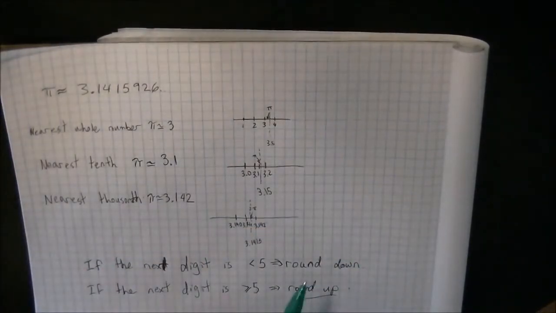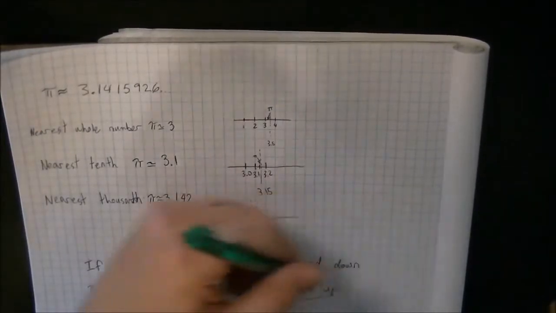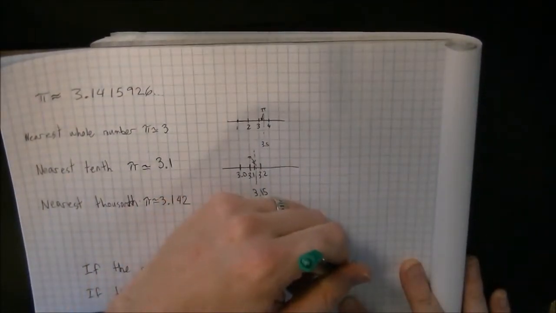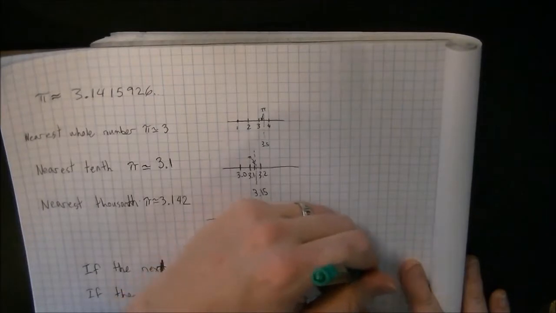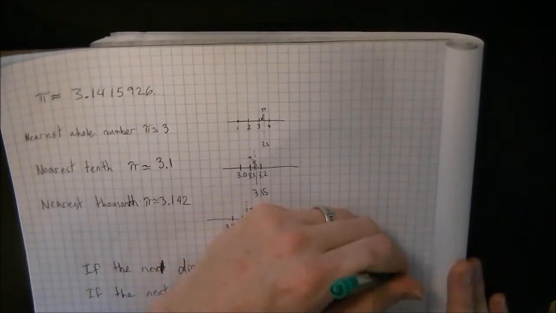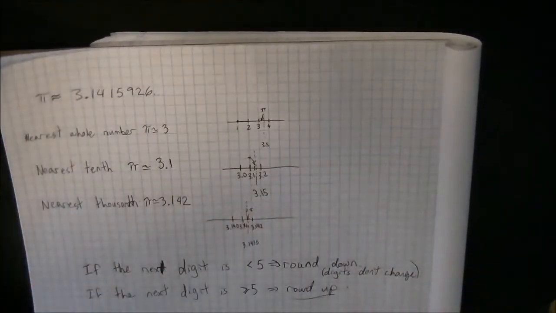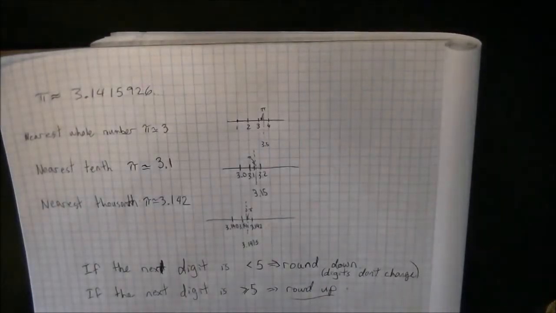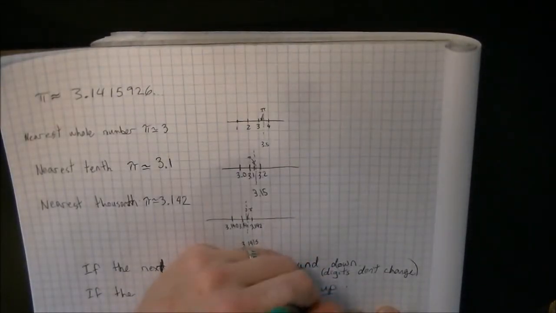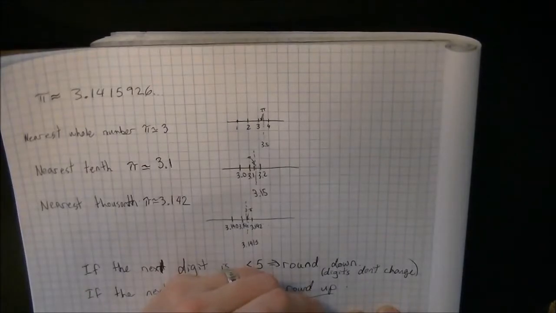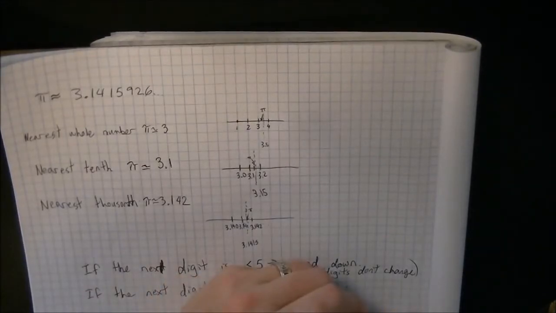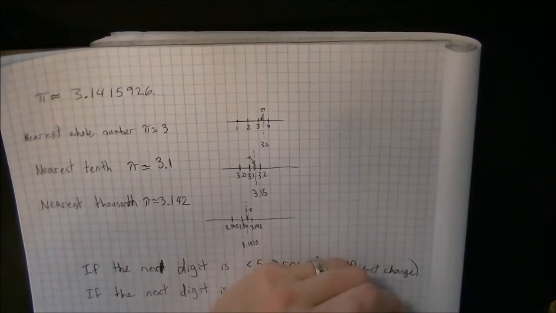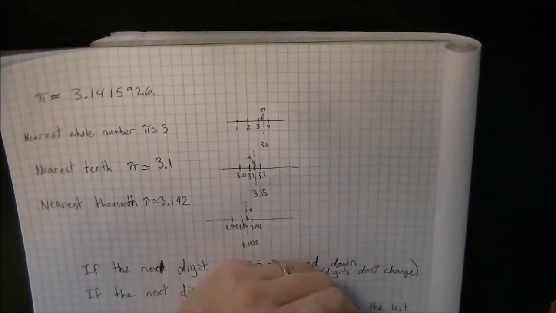Okay, remember, round down means digits don't change, and we just cut off the number at wherever it was. And round up means add 1 to the last digit after we cut it off.